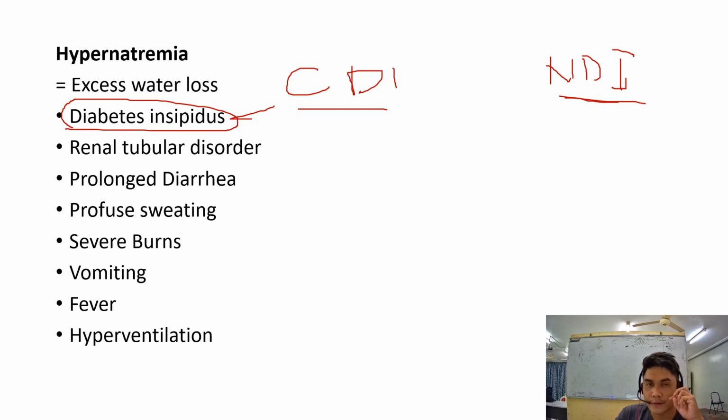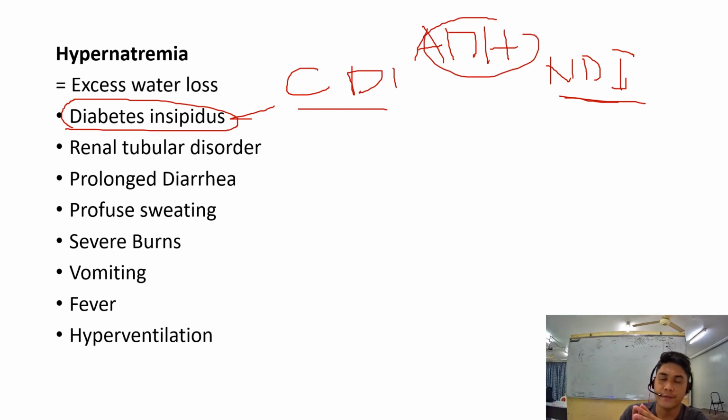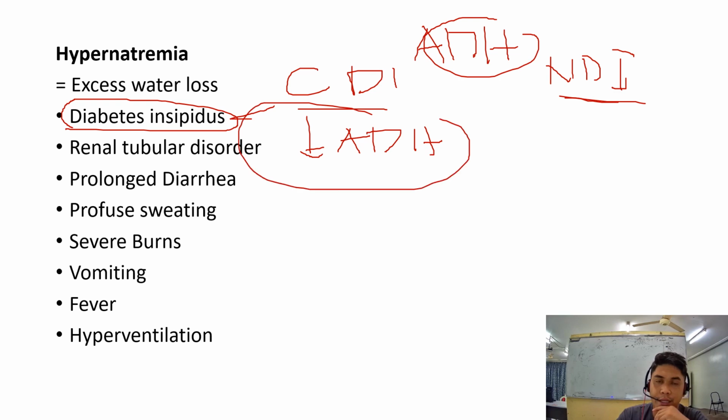Why? Because for diabetes insipidus, there is a problem with the hormone ADH. For central DI, there is absence or decrease of ADH production. If there's a decrease in ADH production, your body will not be able to retain water, so your body will try to eliminate water.